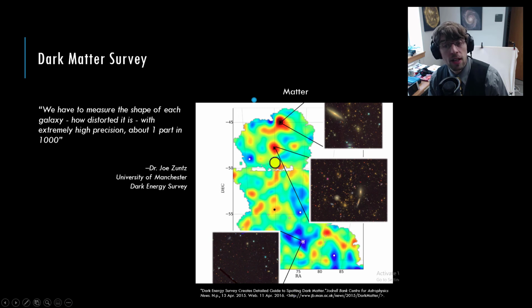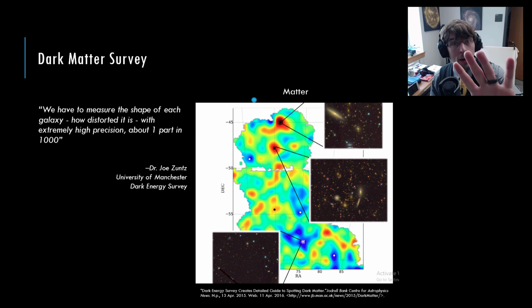What you see is that the red areas are places where there is a lot of gravitational material, and the blue areas are where there is not very much gravitational material. And so we can start getting an idea about where there's a lot of dark matter and where there isn't very much.